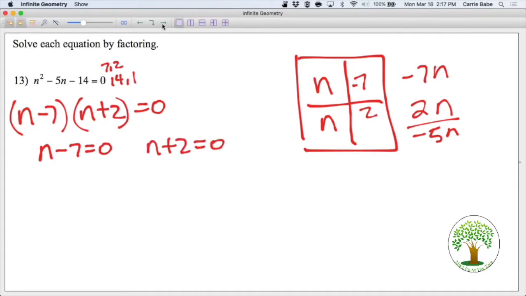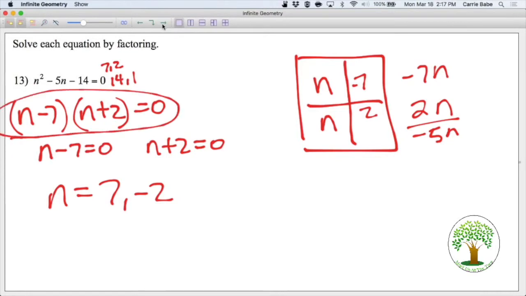Isn't it just 7 and negative 2? The answer is 7 and negative 2, yes. I'm hoping that eventually, after you practice enough, you will be able to jump to the answer right there instead of writing that intermediate step. I wouldn't require you to write this one if you can jump. Okay, thank you for letting me know.